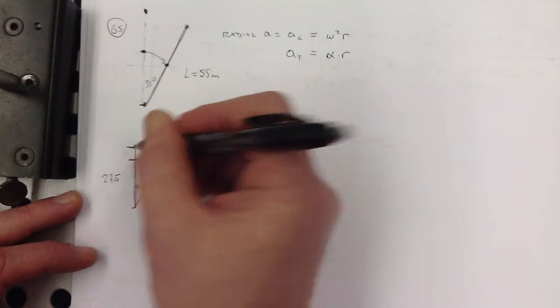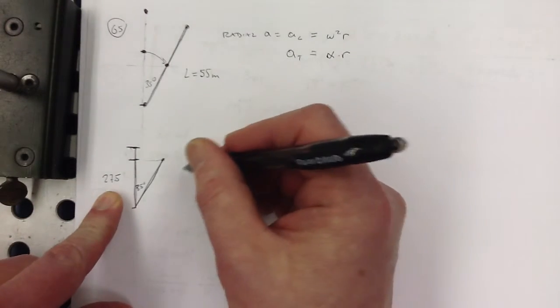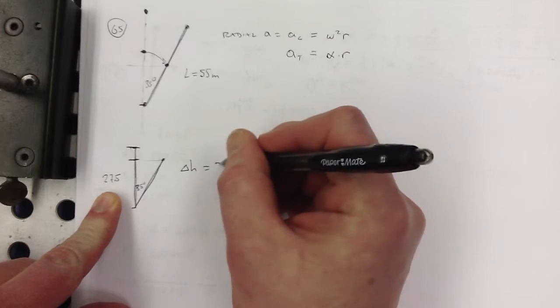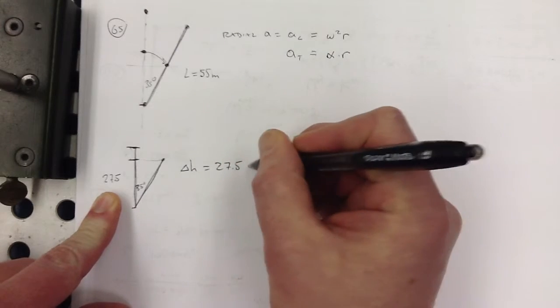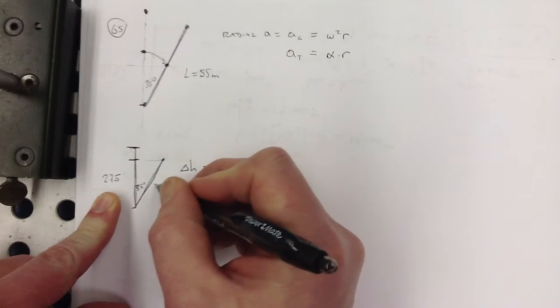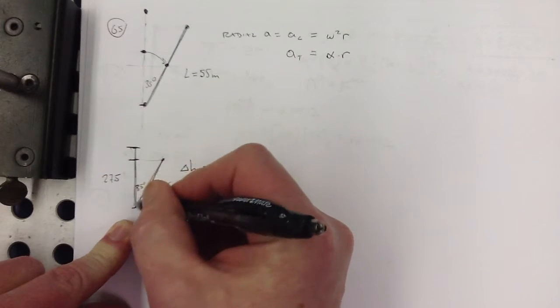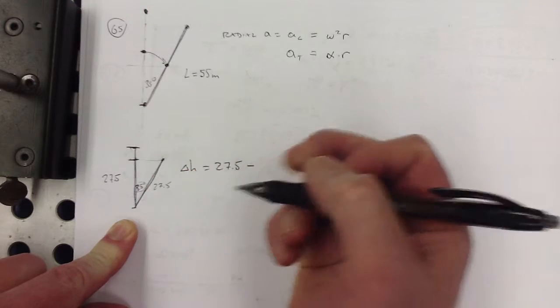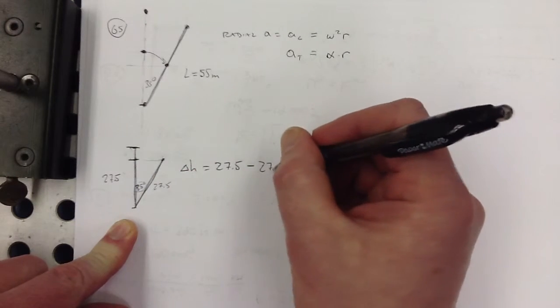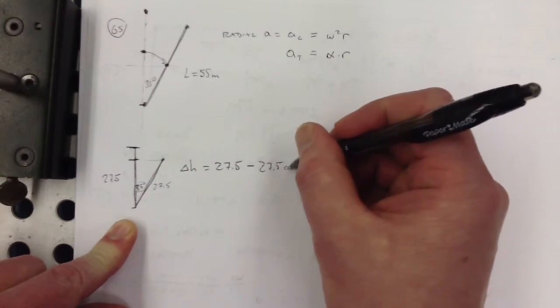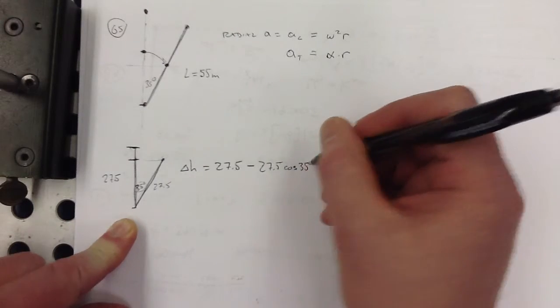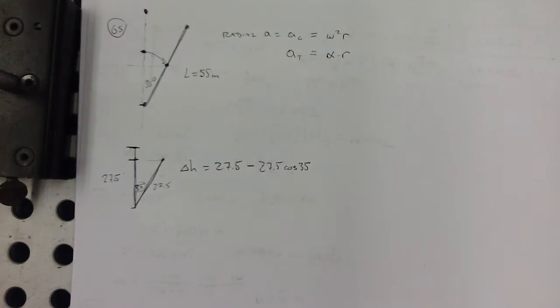So the delta H that we're looking for is 27.5 minus, this also is 27.5, right? It's still the chimney. And this is the cosine part of that, adjacent to the 35-degree angle. So it's 27.5 minus 27.5 cosine 35. That's my delta H.